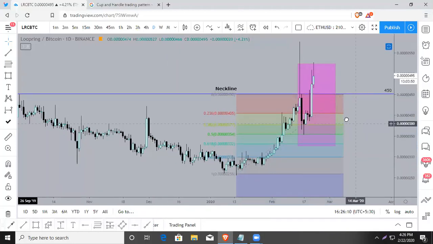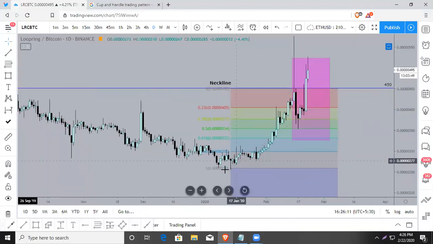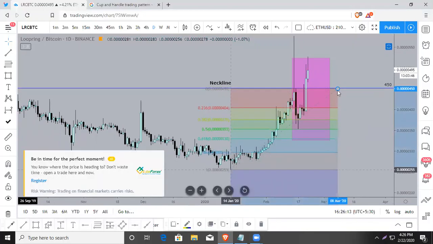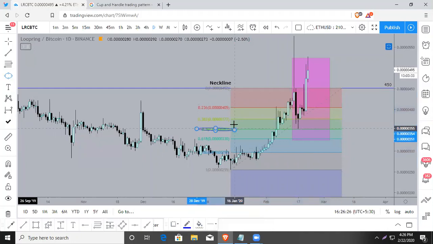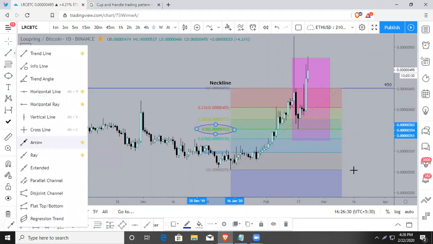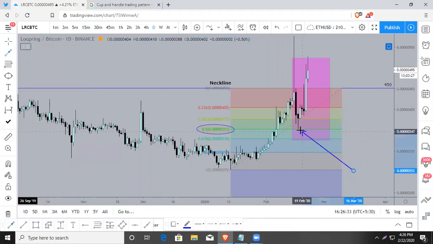So if I take Fibonacci from the very bottom here to the neckline, we can see that price has retraced exactly 50%. This is the 50% level, and here we have a perfect retracement to 50%, right?